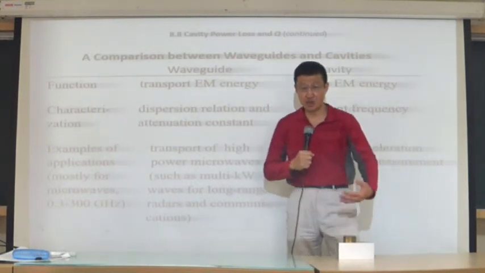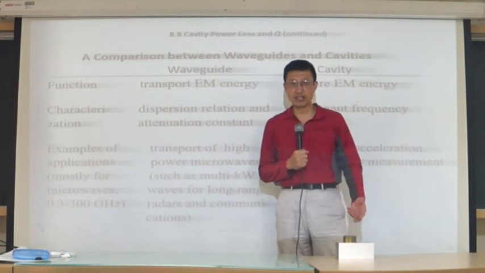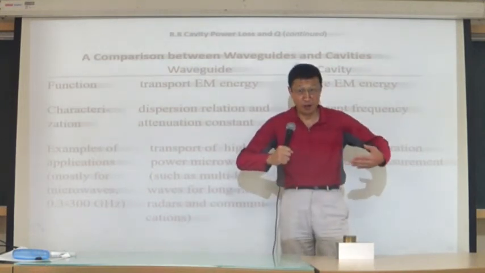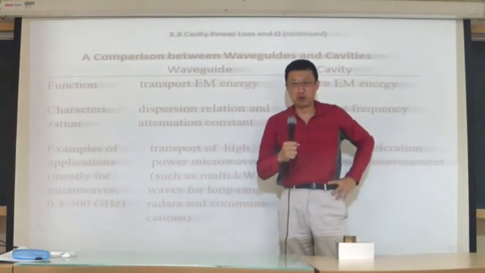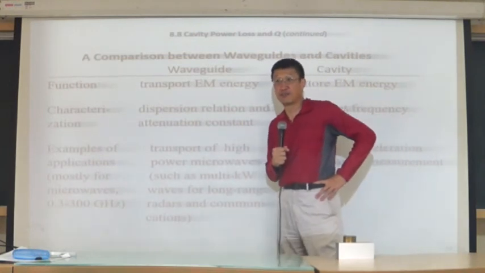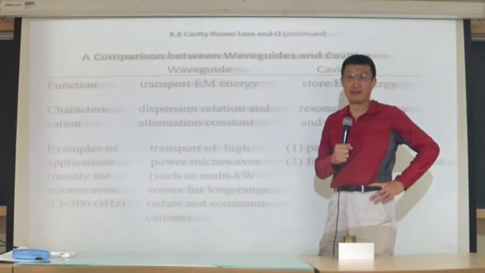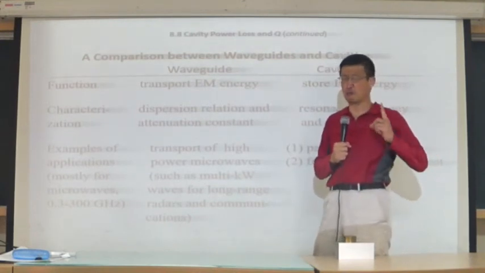A traditional cavity made of copper is just about $2 million. But for a superconducting cavity, the quality factor is extremely high.